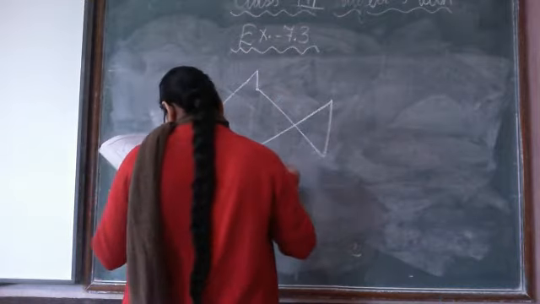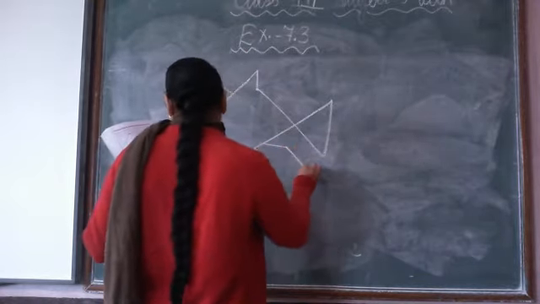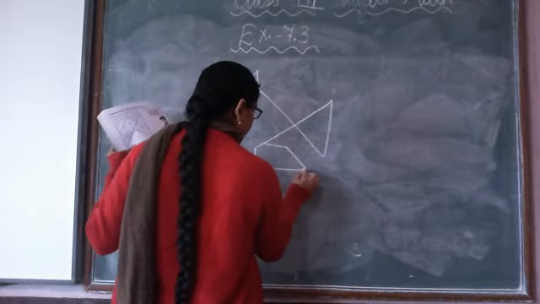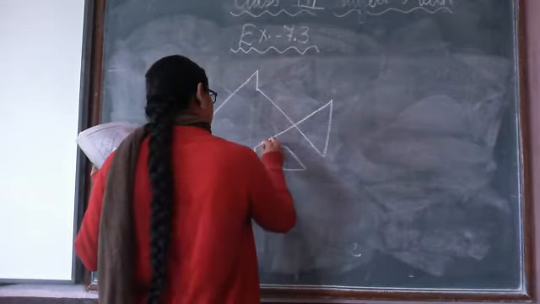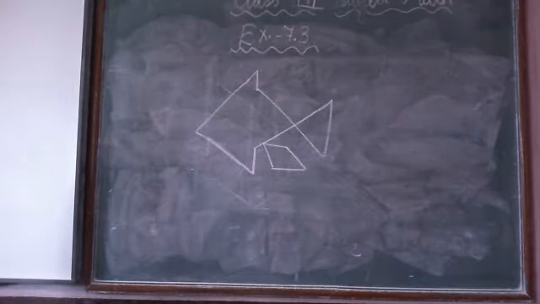Something like this is given. Okay. So now once again we need to find 7 geometrical shapes in this fish.